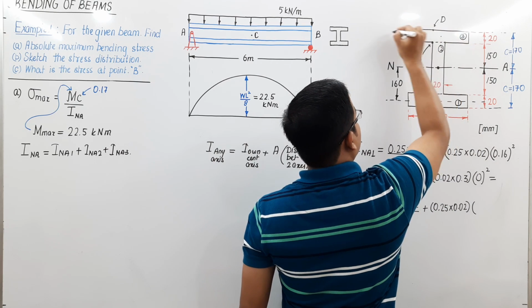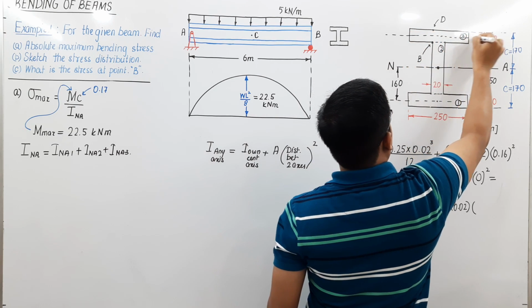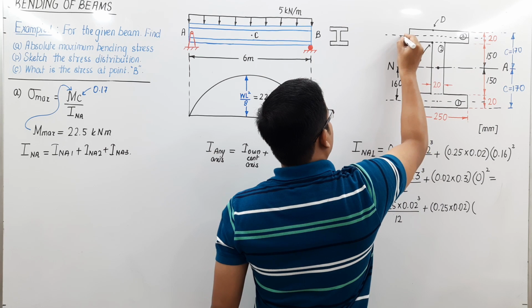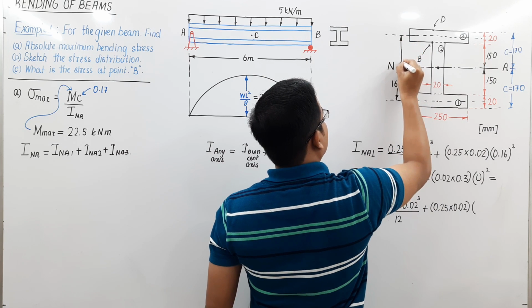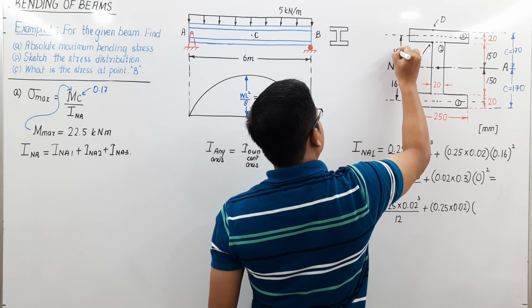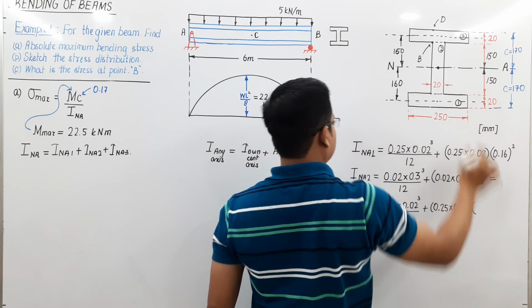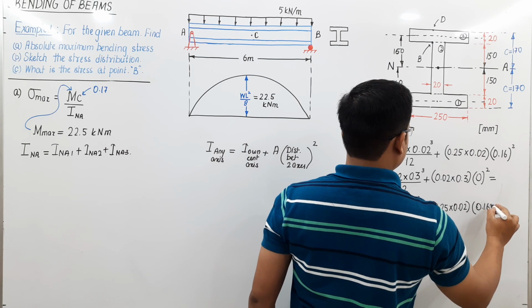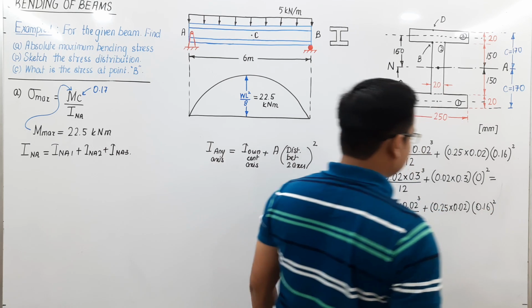The centroid would be here. The distance obviously is going to be this much, and that, by the way, is 160. 150 plus 10 is 160. So it's going to be 0.16 and its square.